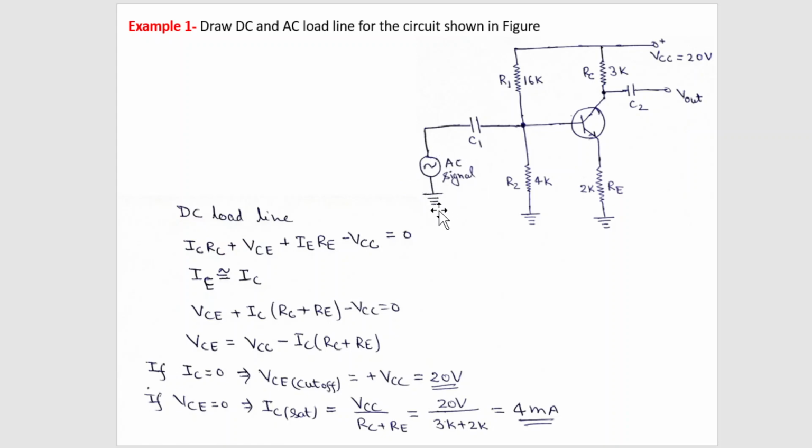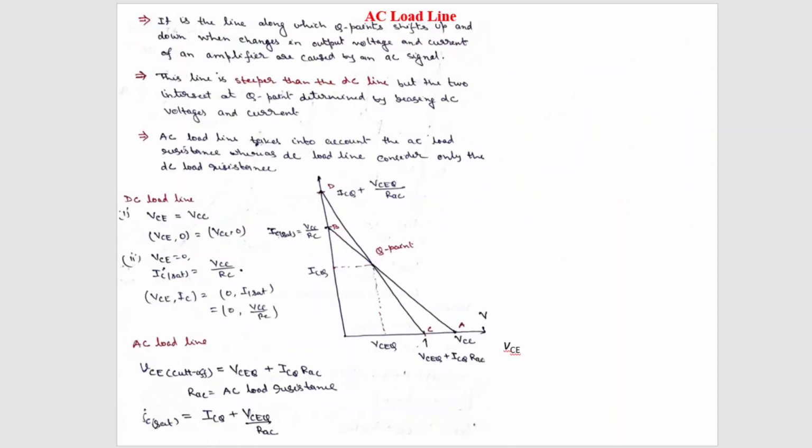The magnitude of the AC signal may be given or may not be given, maybe the magnitude of voltage or current will be given. It is irrelevant, because if you see the theory, in order to draw the AC load line we do not require the magnitude of the applied AC current or voltage.